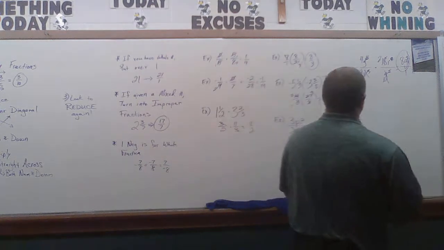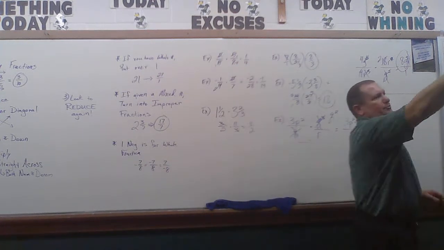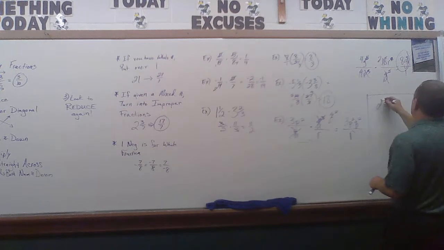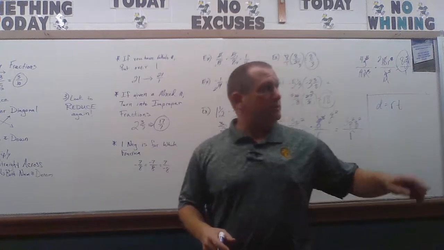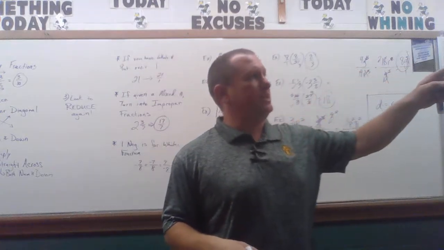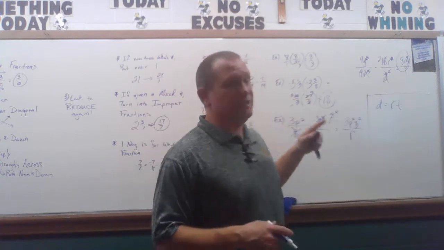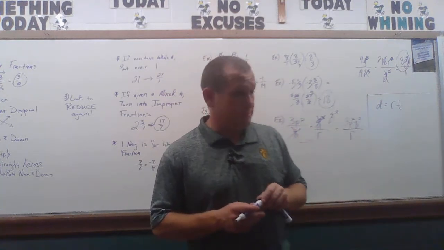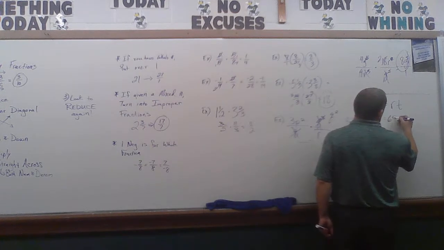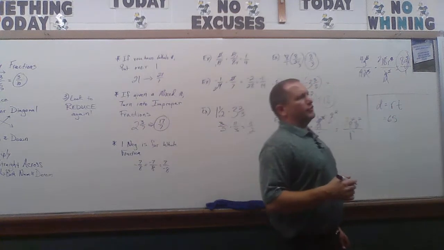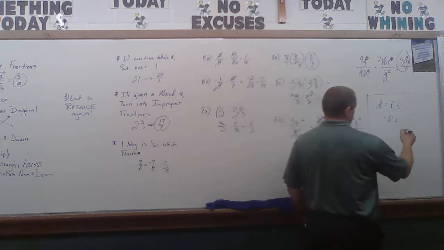So if I did this now, what you have to realize is what numbers go where. I'm going to use D equals RT, and from our paragraph, what does it mean when it says a car travels 65 miles per hour? What letter does that represent? My R, right? So I'm going to say equals my R, which is 65, for 3.5 hours. So 3.5 is my time.